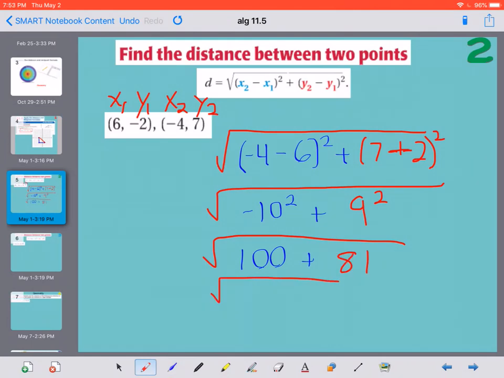So we have the square root of 181. Putting this into my calculator, our distance d is about 13.45.